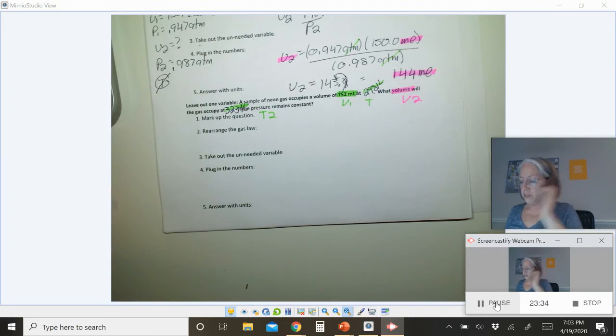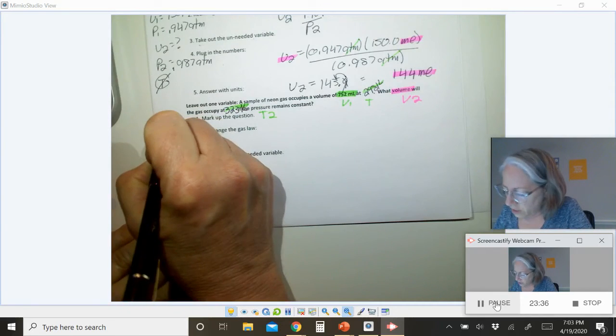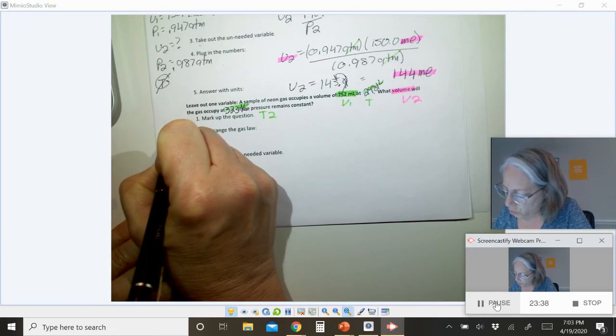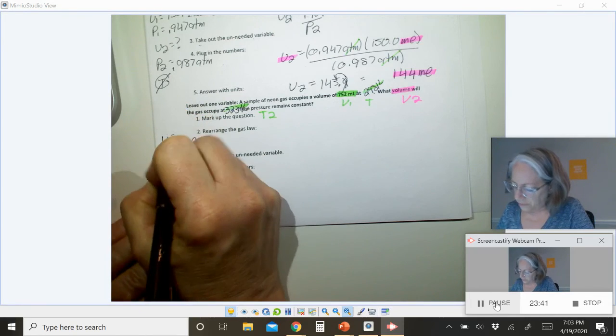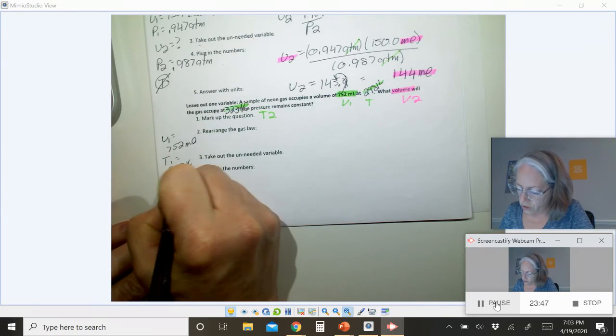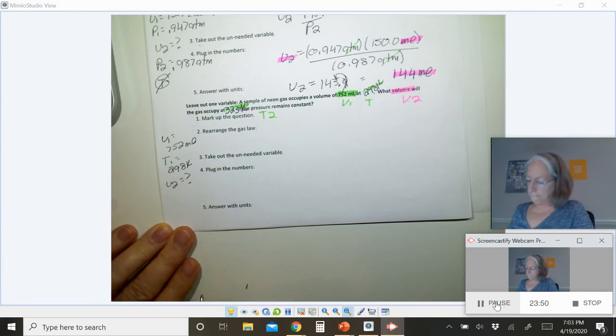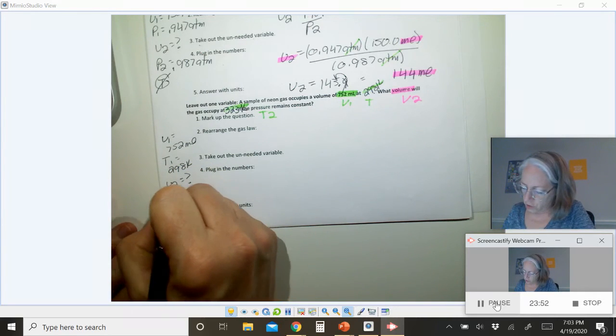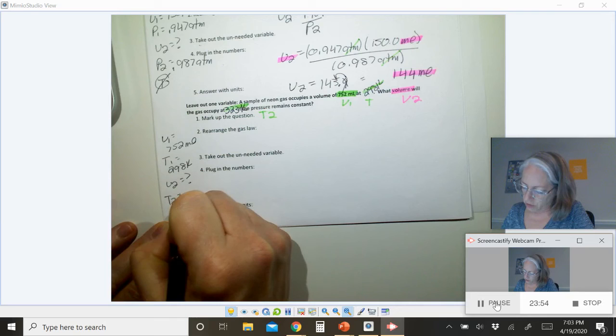So if we make our list, V1, 752 milliliters, T1, 298 Kelvin, V2 is our unknown, and T2 is 323 Kelvin.